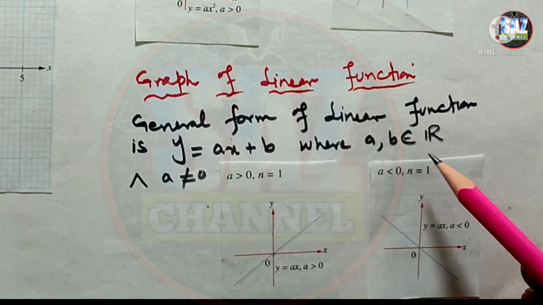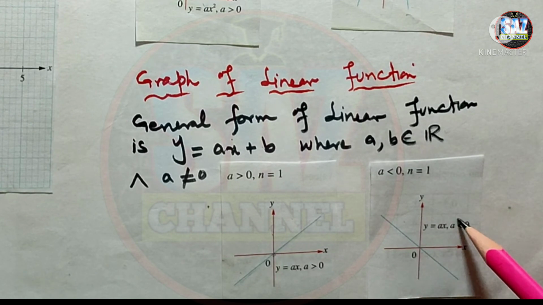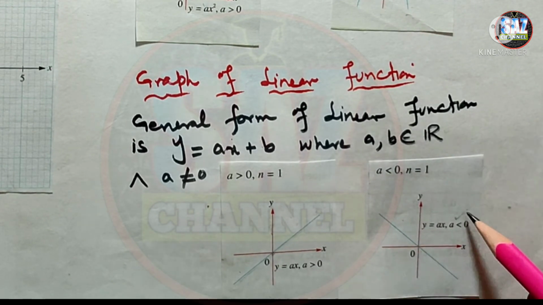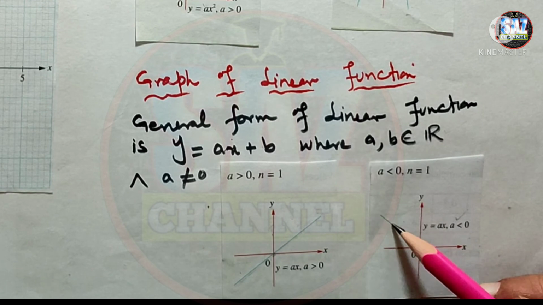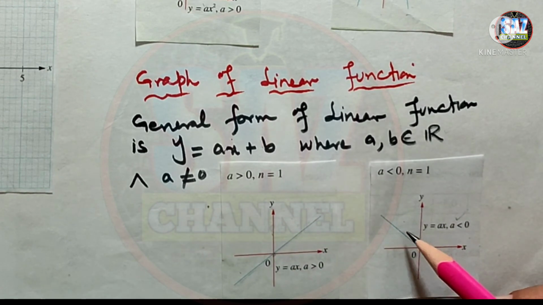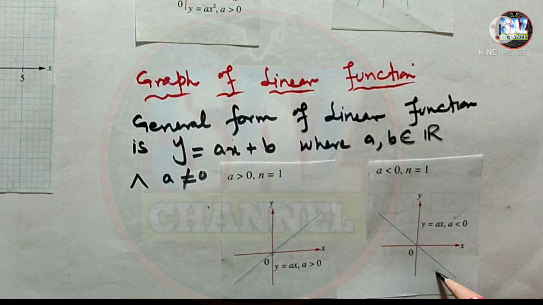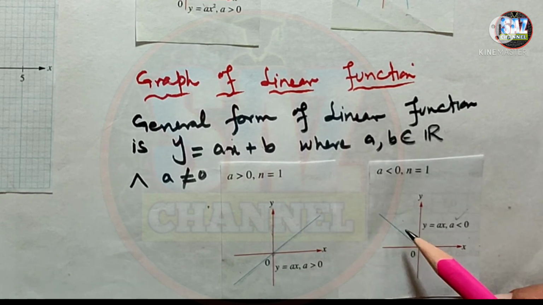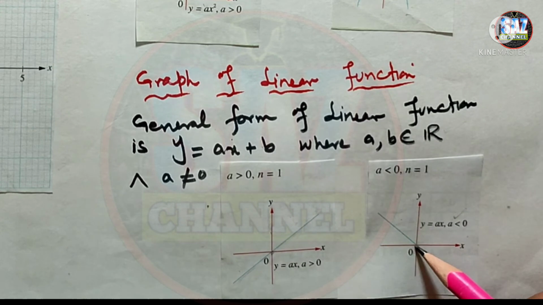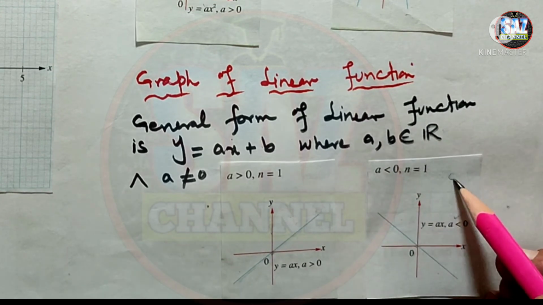Coming to the second situation, when a is negative, in that case your lines will have the falling trend and they will be in the second and fourth quadrant. So these are the important observations: whenever your straight line is passing through the origin, it will have no c.